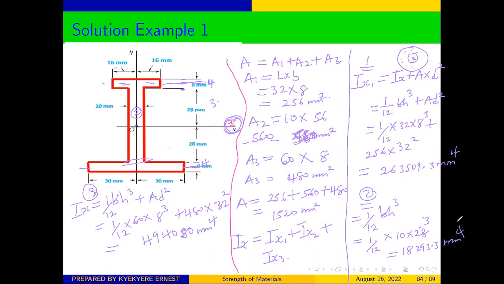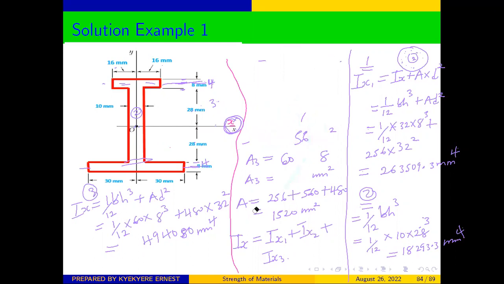Then from there, the total is going to be section 1 plus section 2 plus section 3. So we add all of them together.